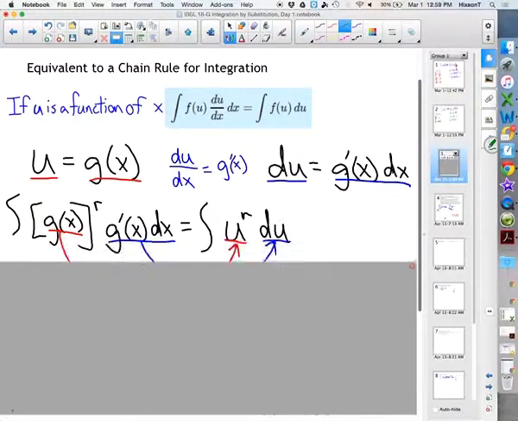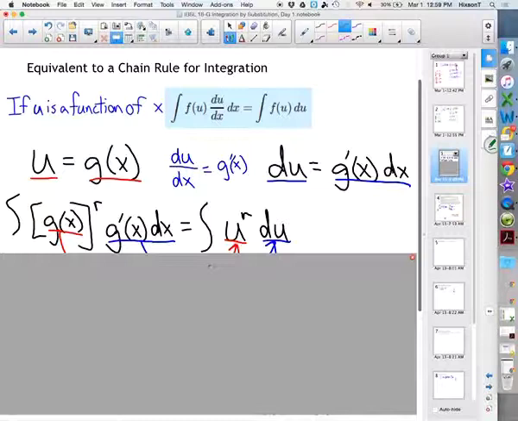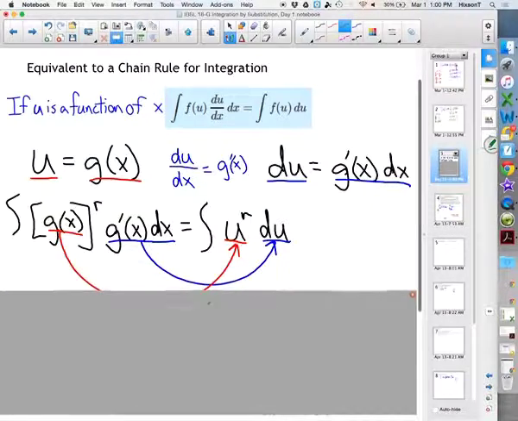Now, let's say we have this function g of x that's being raised to a power r. Okay? But then I also, inside the integral, have the derivative of g of x times dx. Okay? Notice here, du is g prime of x dx.